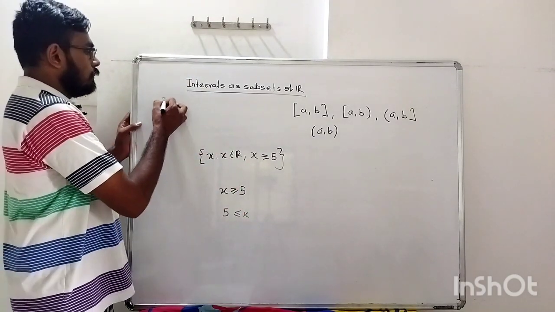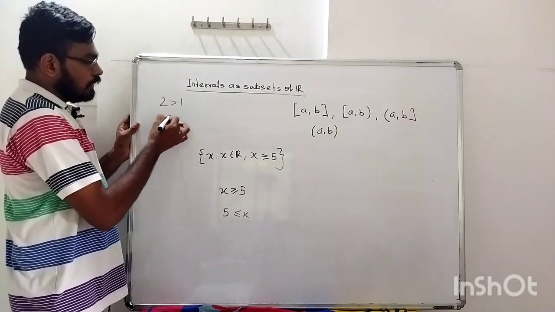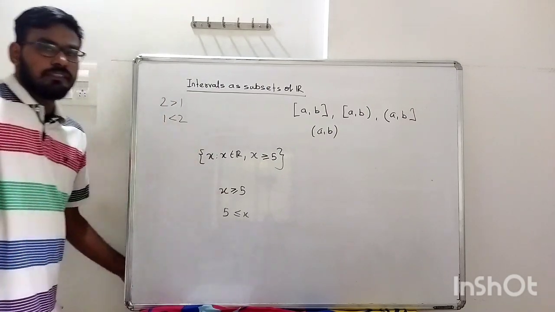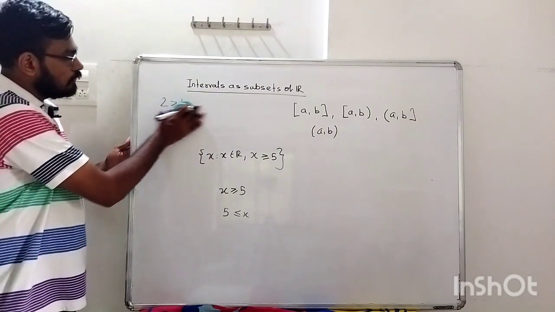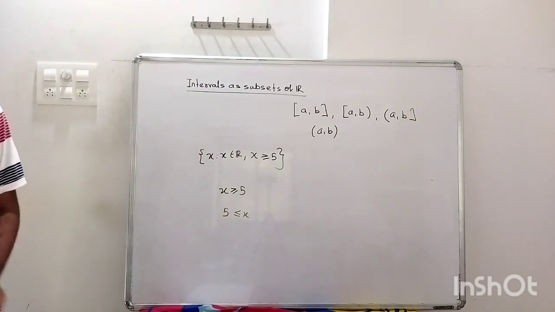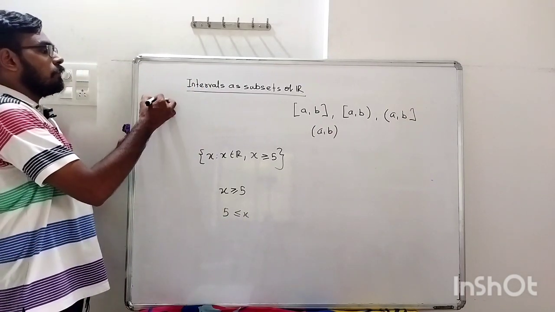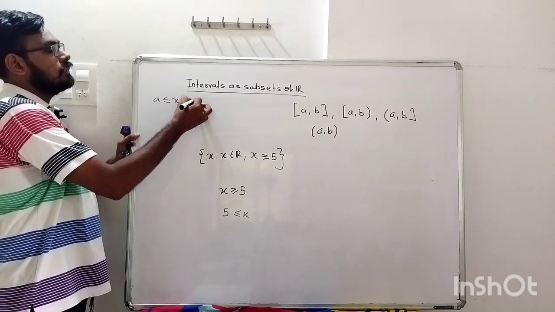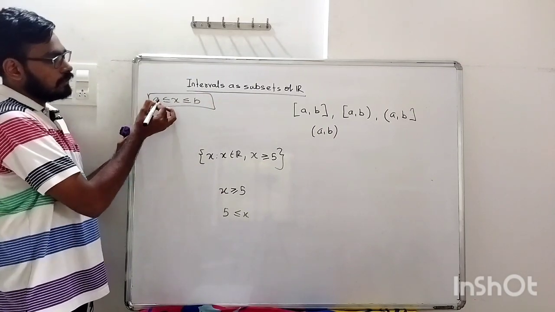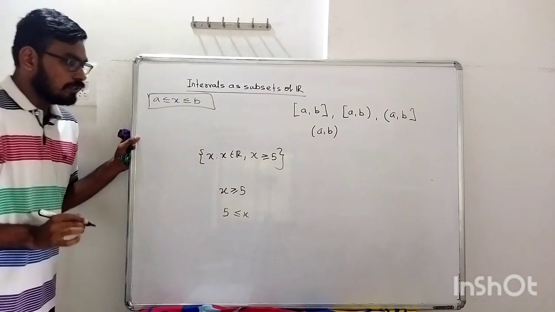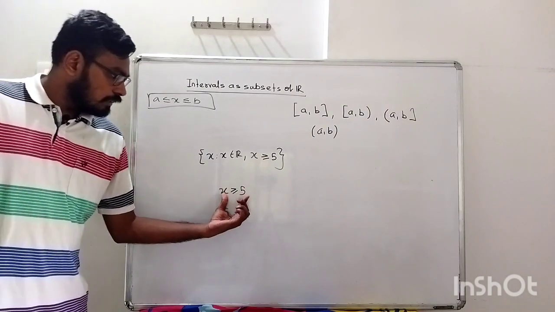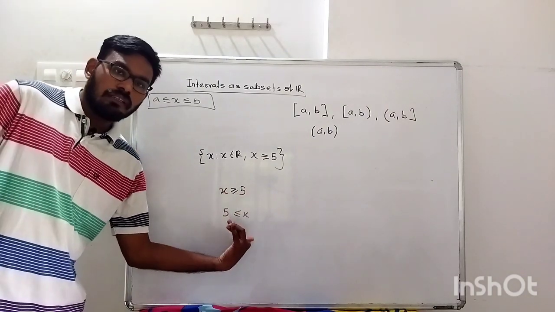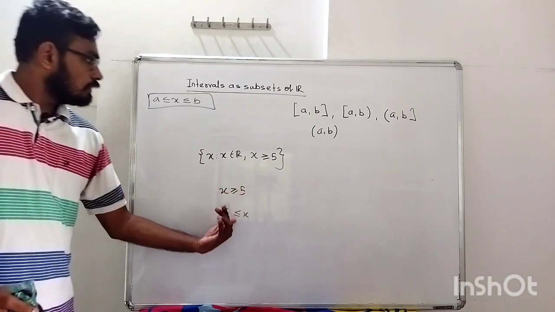See, 2 is greater than 1, so obviously 1 is less than 2, like that I am writing, okay. So x is greater than or equal to 5, so obviously 5 is less than or equal to x. I am trying to write it in this form, a less than or equal to x less than or equal to b. So in this form, you can see there is less than or equal to here. So if you see a symbol like this, you rotate it, okay, whenever you see a symbol like this.